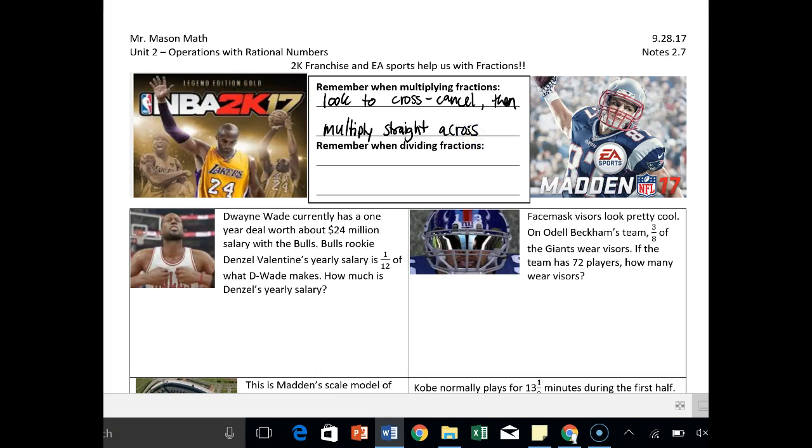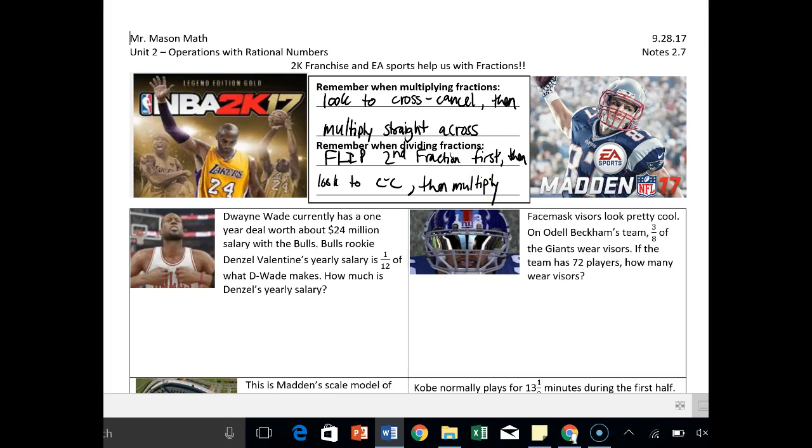And then with dividing fractions, we flip the second fraction first. All right. Then look to cross-cancel. I'll just say CC for cross-cancel, and then multiply straight across.